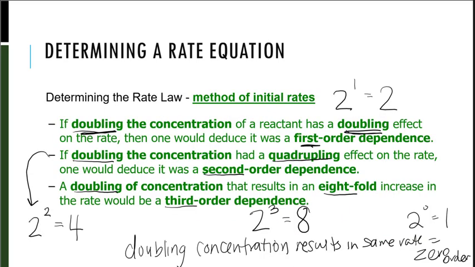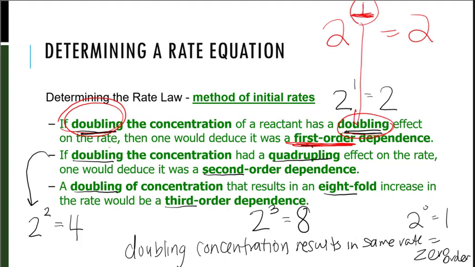Now, when we are looking at that data, if we double the concentration and it doubles the rate, this would be a first order dependence. And here's how I like to write it. If I double the concentration and it doubles the rate, 2 raised to the what power gives me 2? That would be to the first power.